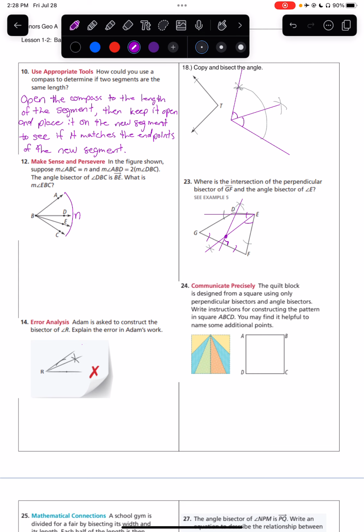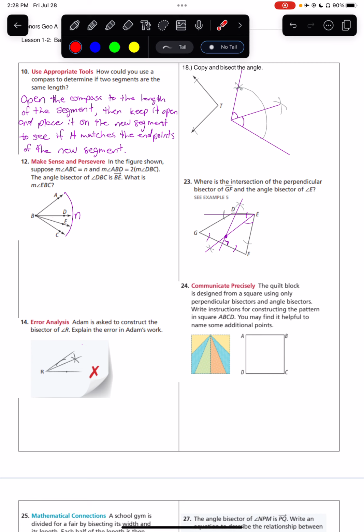So here's DBC, and this is half as much as angle ABD, right? The measure of angle ABD is twice as much as the measure of angle DBC.